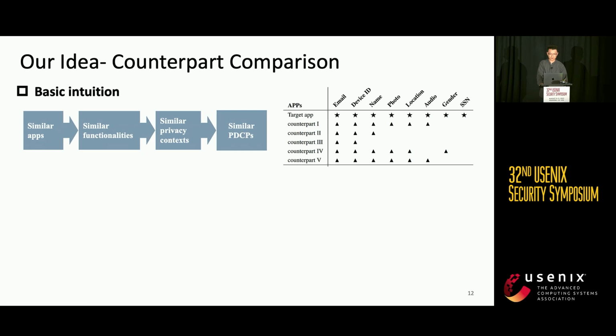To address this problem, our idea is to use counterpart comparison to detect overbroad PDCPs in privacy policies. The basic intuition is that apps having similar functionalities and purposes will share similar privacy contexts, which may lead to similar PDCPs collected.